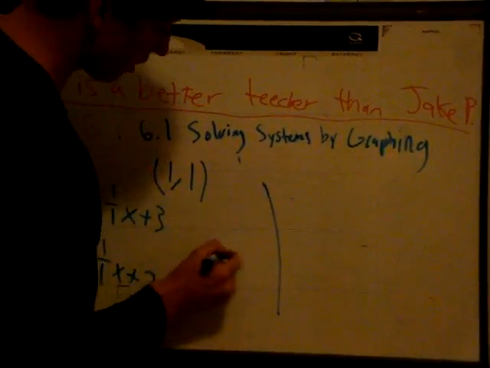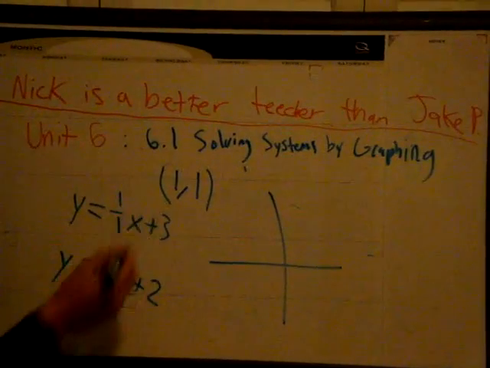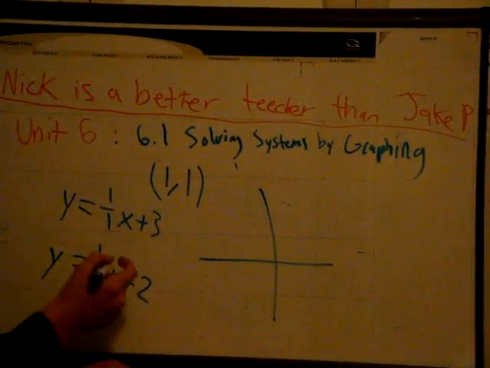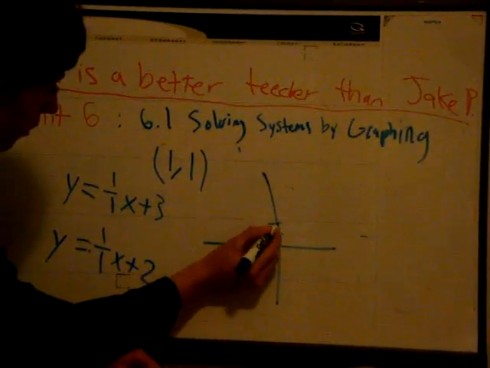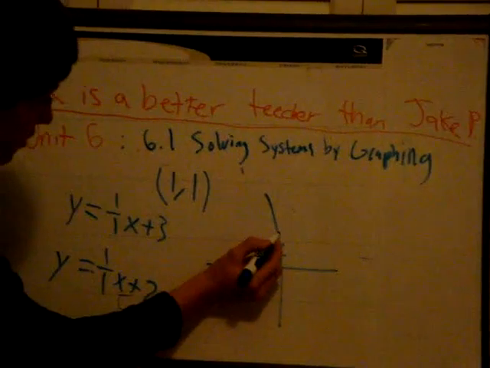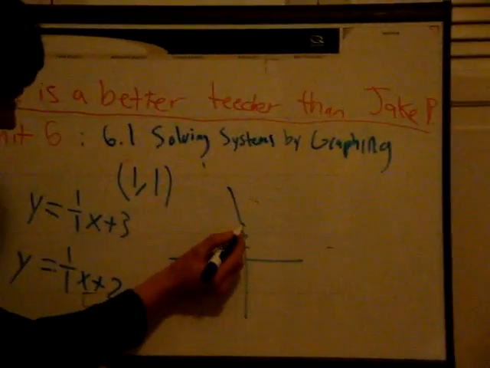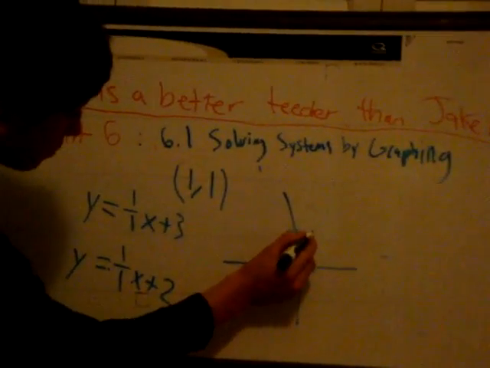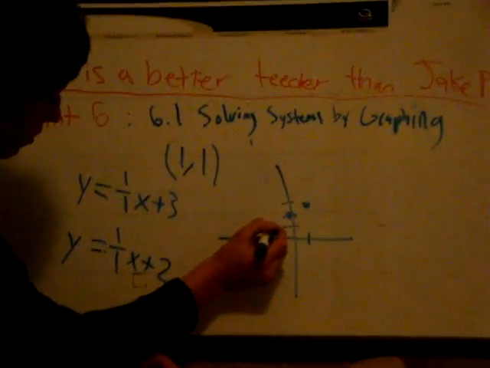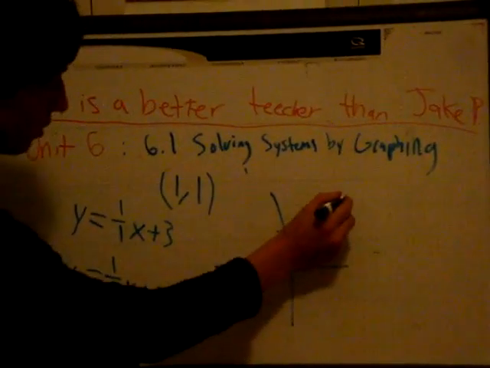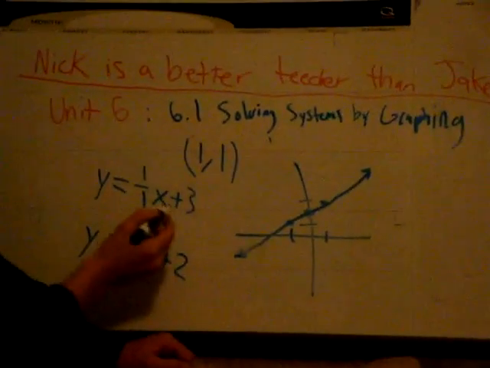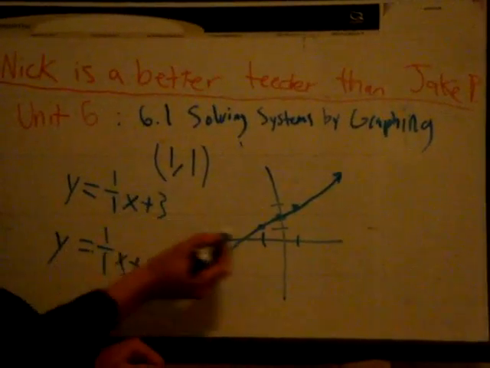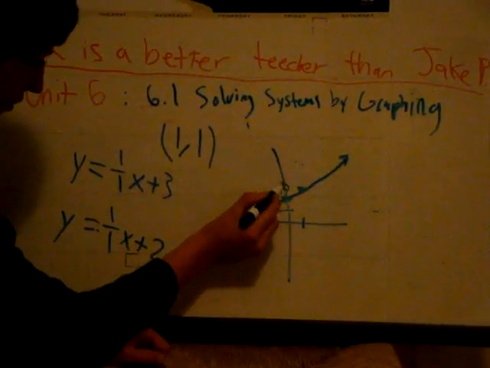Go up 2 on the graph. Right here's our first point. And then the second one would be up 1 over 1, so right here, and down 1 over 1 should be about right here. So that's our line. The second one is plus 3, so you go up 3. 1, 2, 3, that's our first point.